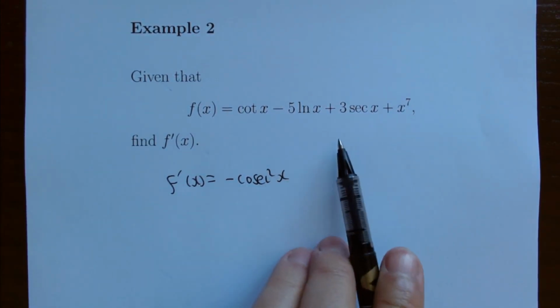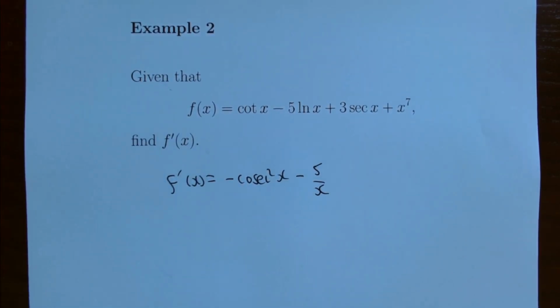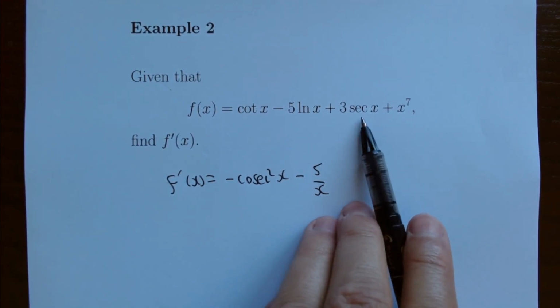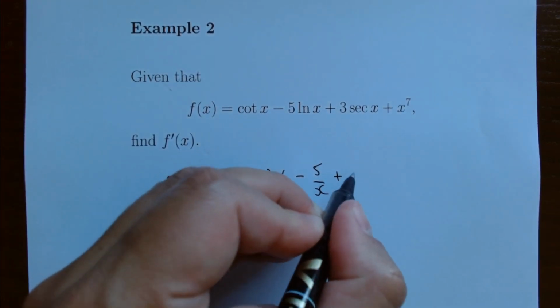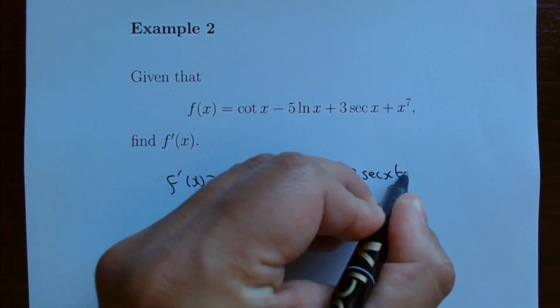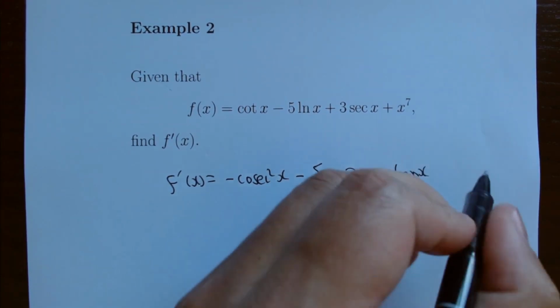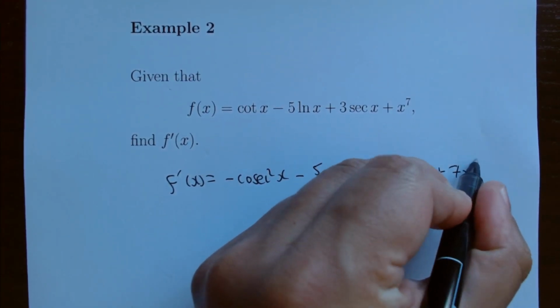Ln x becomes 1 over x, so we get minus 5 over x, and sec x becomes sec tan, so we have plus 3 sec x tan x, and this we can just differentiate, 7x squared.